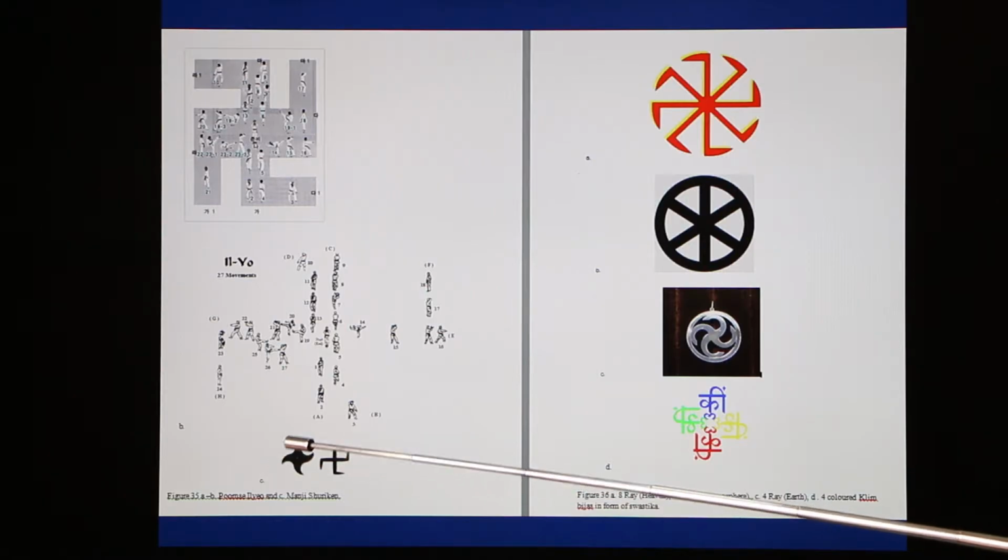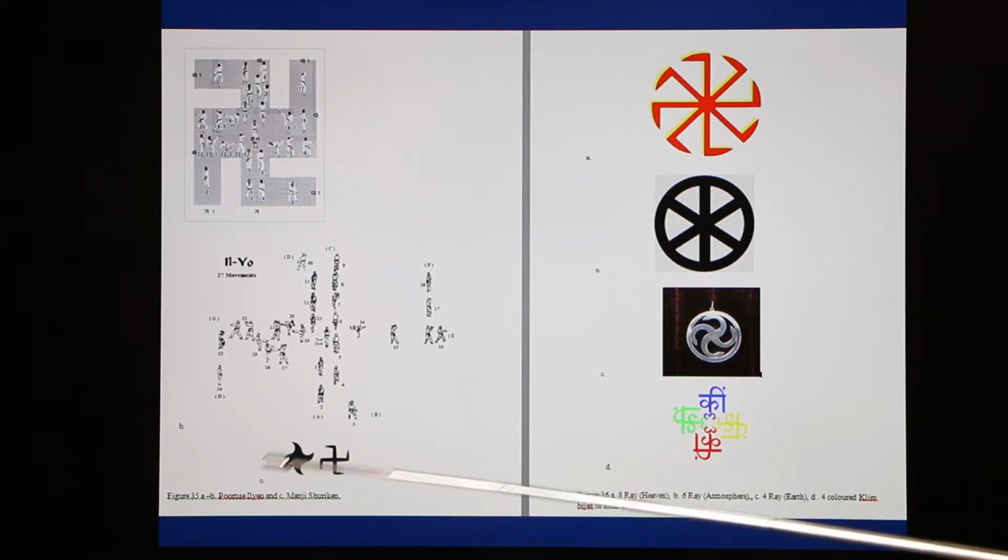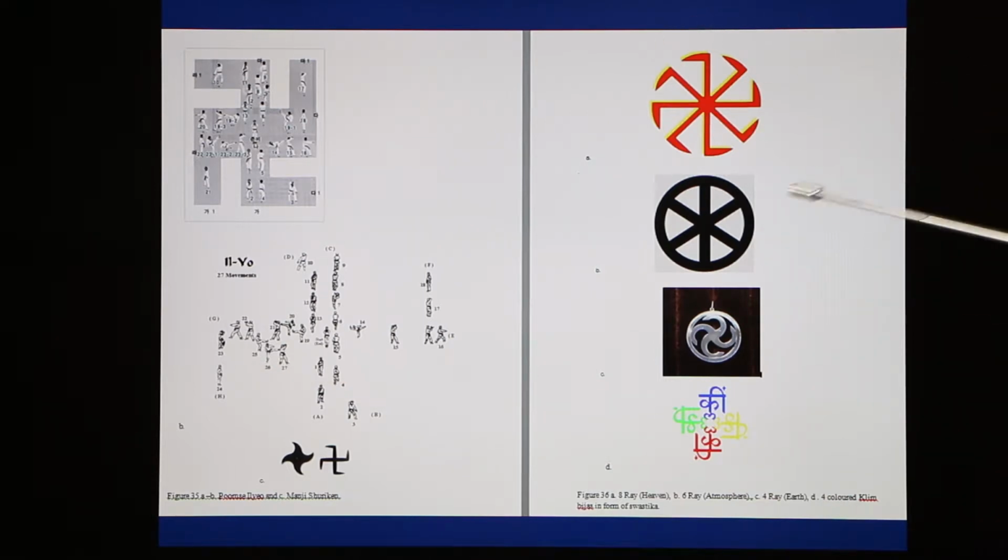Or I can do a minimal version and make this Japanese symbol. Or I can have 8 spokes, and that can be the 8 rays of heaven, which can also be a 6 rays for the atmosphere, also drawn this way. And then I can have 4 colored klim bijas in the form of a swastika.